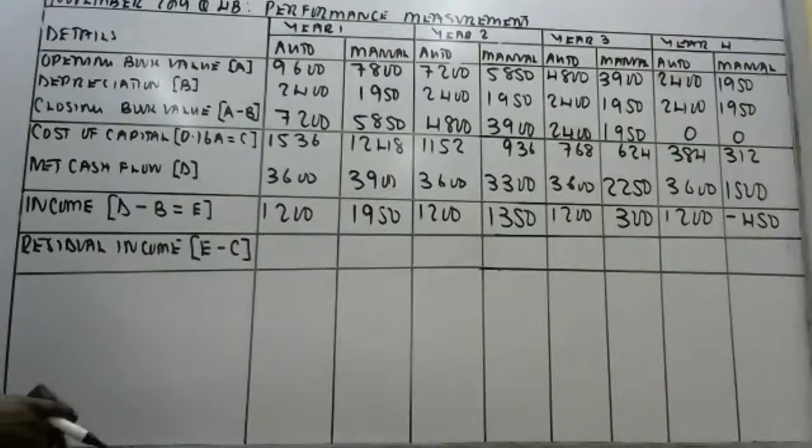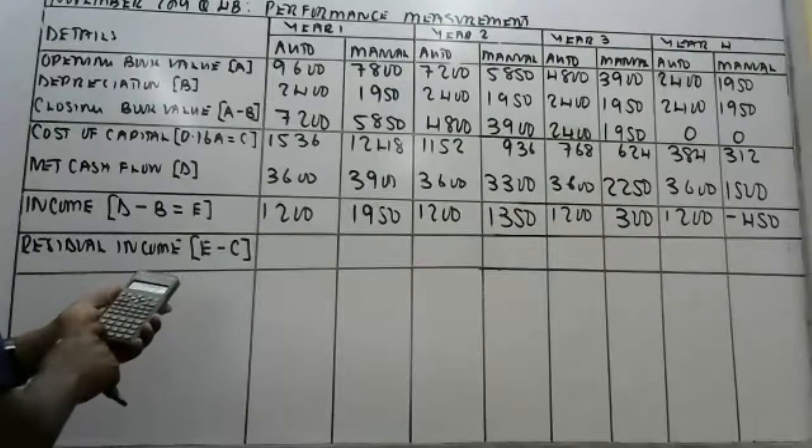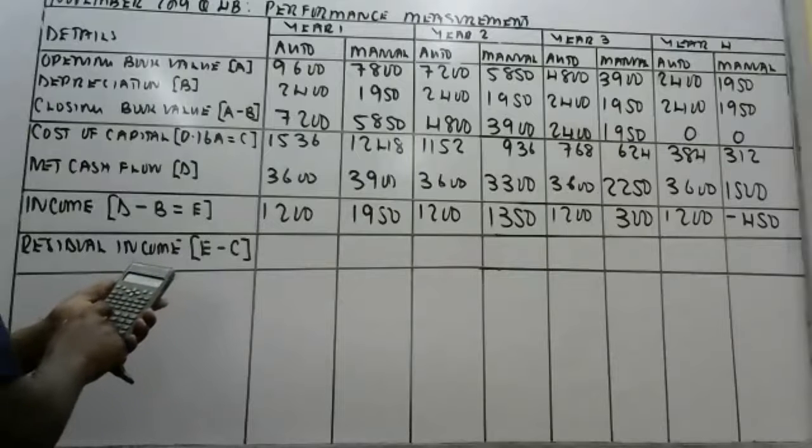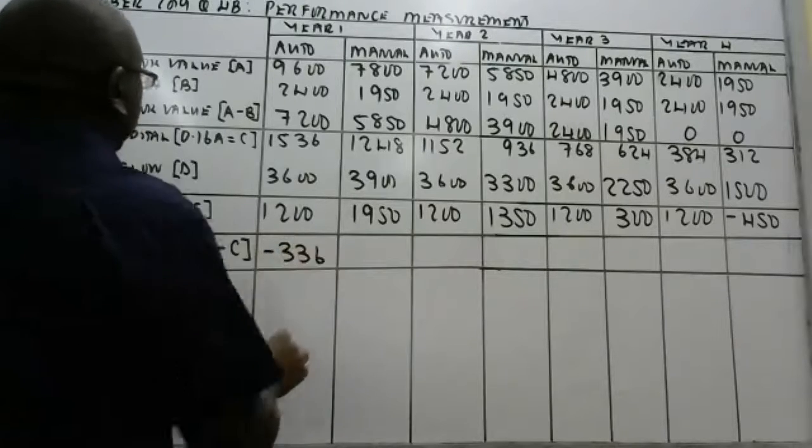So we begin. I have 1200 minus 1536, that is minus 336.